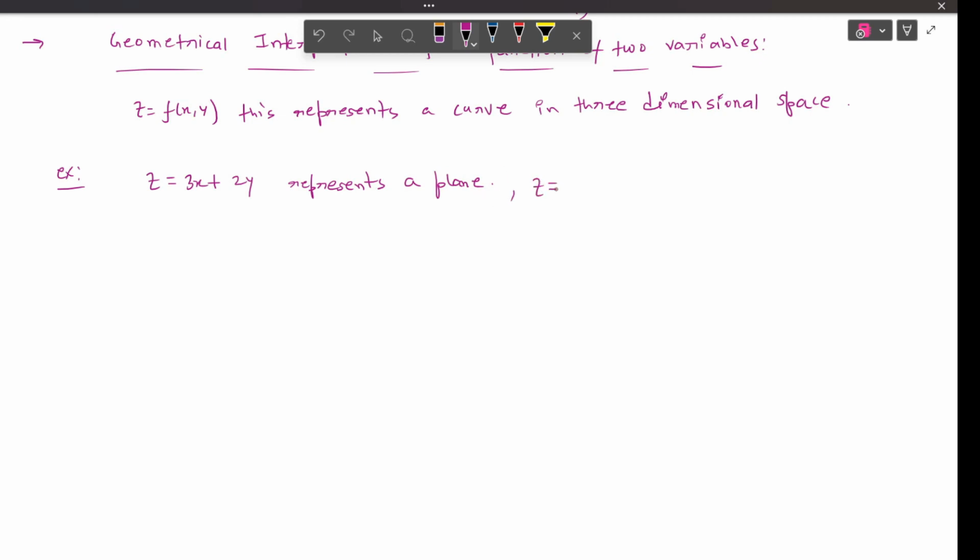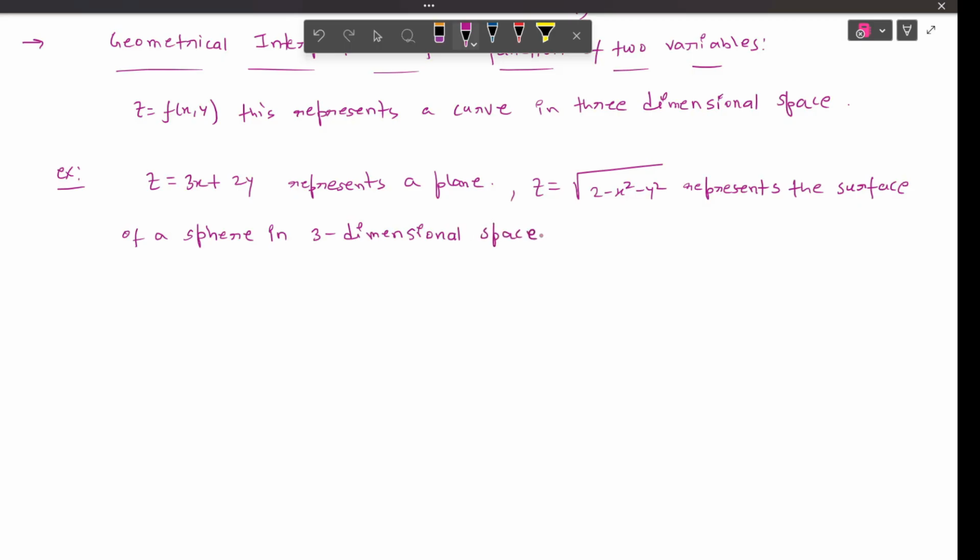And if we talk about z equals square root of 2 minus x square minus y square, this represents the surface of a sphere in three-dimensional space. Okay.